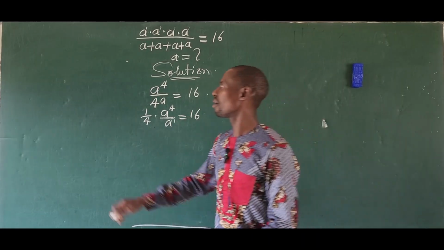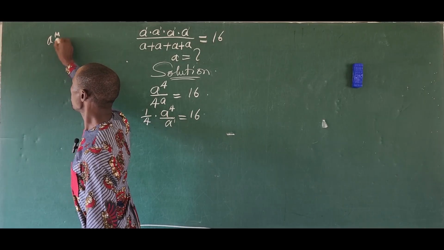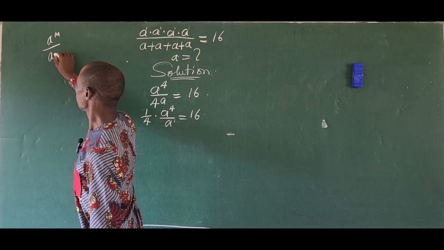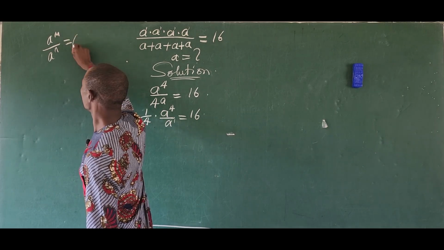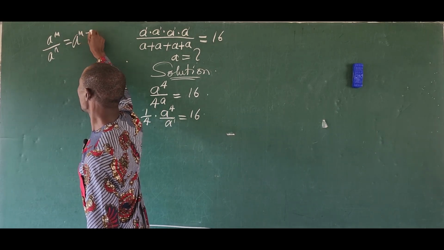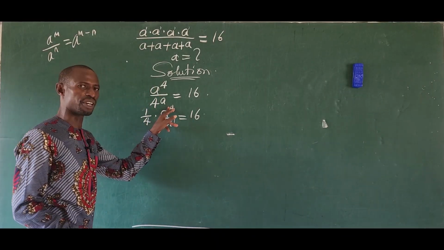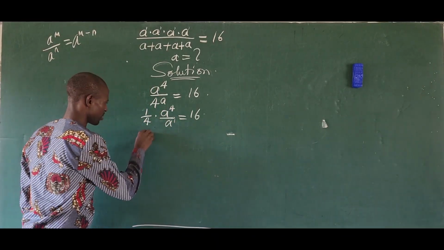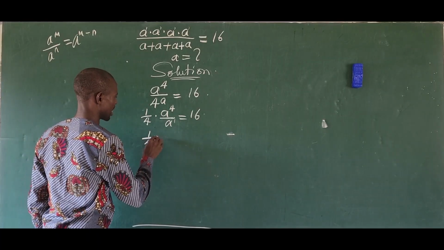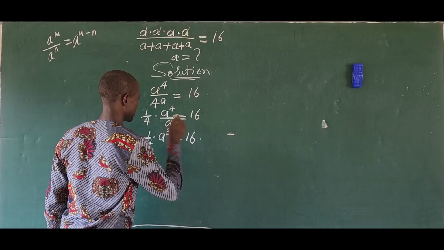So we apply the law of indices, which says that when you have a to the power of m all over a to the power of n, subtract the powers. So we're going to have a to the power of m minus n. So we can subtract 1 from 4 here, and that will give us a to the power of 3. So we have 1 all over 4 times a to the power of 3 equal to 16.